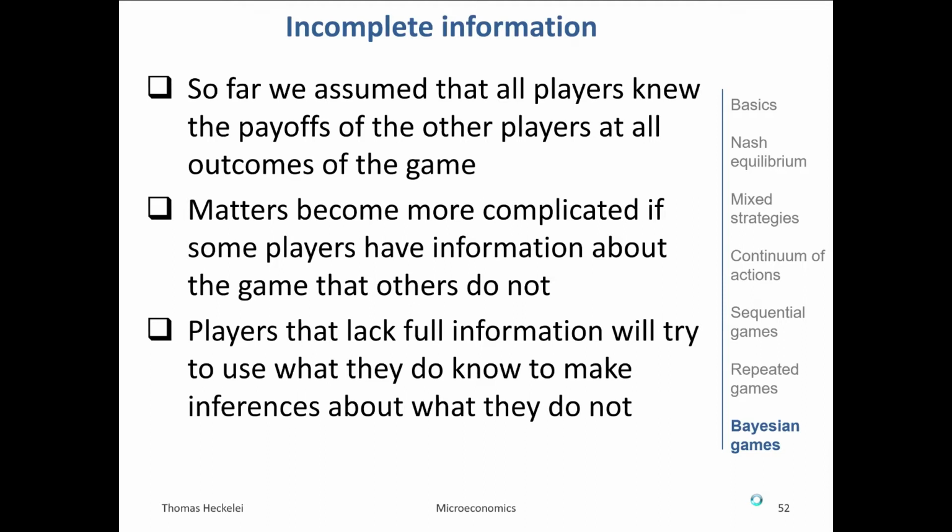So all the games that we have studied up to this point, we assume that all the players know what possible strategies the other players have and what payoff they will receive when a certain combination of strategies occurred.